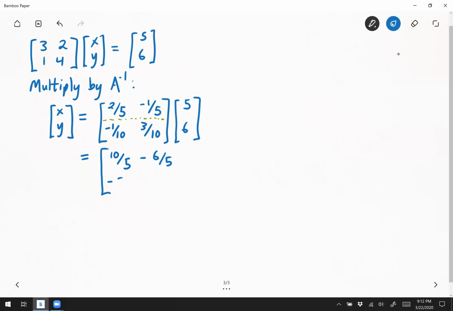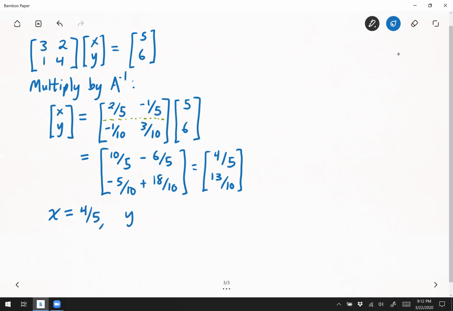We'll get -5/10 plus 18/10. And that simplifies to 4/5 and 13/10. In other words, we think the solution is x equals 4/5, y equals 13/10.